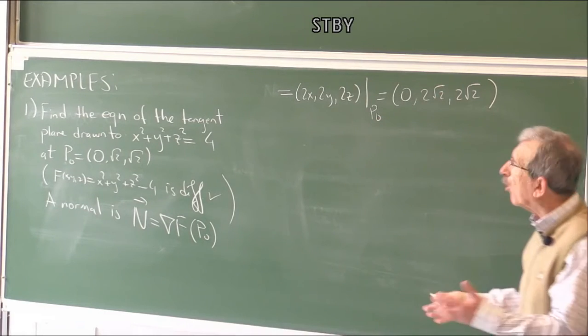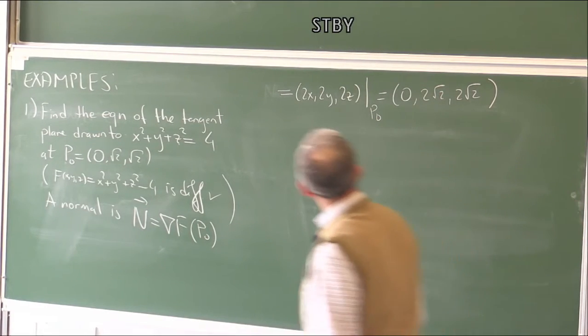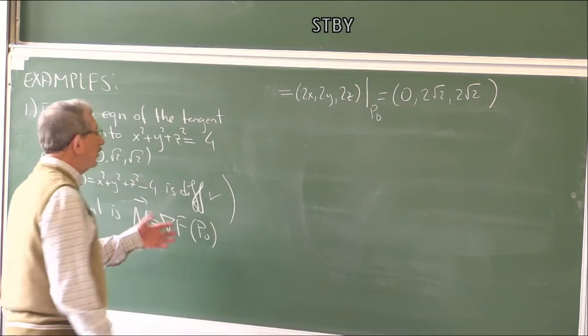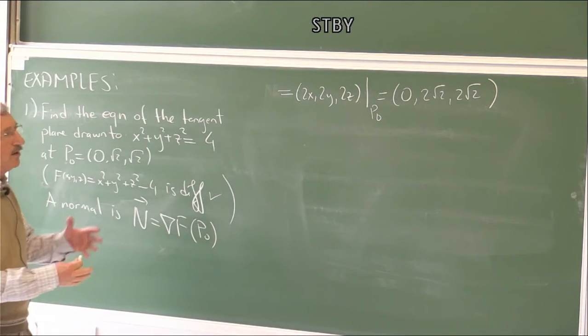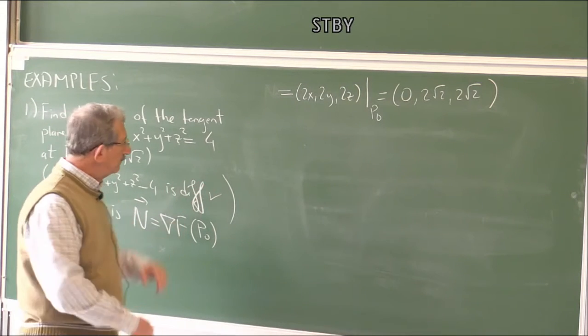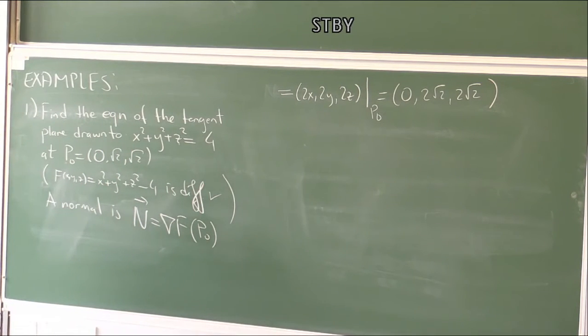So this is a normal, because we don't care about this 2 root 2 here, we can put there 0, 1, 1 if you want.